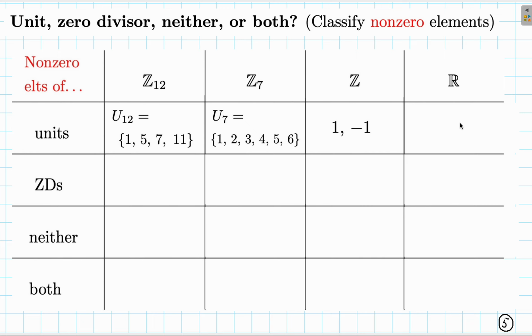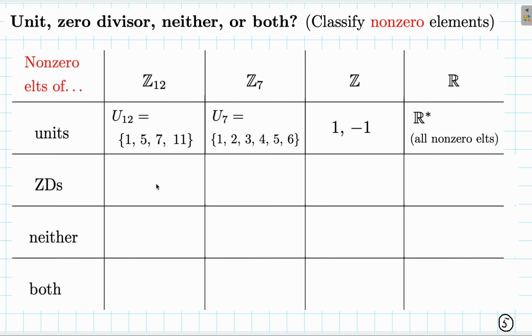Well, with the real numbers, almost all of them except 0 are units. And in fact, we had a notation for that set. Recall that R star refers to the set of elements in R that have multiplicative inverses, and those happen to be all non-zero real numbers.